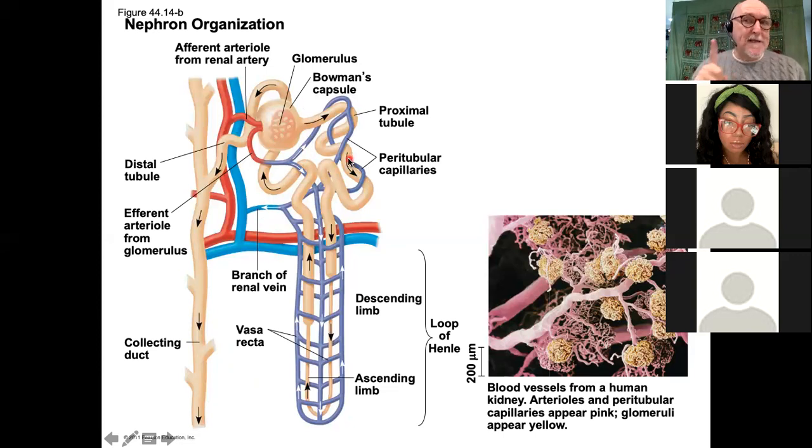The way to work this out is to first of all get the structure clear in your mind. The structure of the tubules, and then second, how intimately the blood circulatory system operates together with them, and then understand that this is a pressure filtration system. The glomerulus and Bowman's capsule, it's a pressure filtration system.